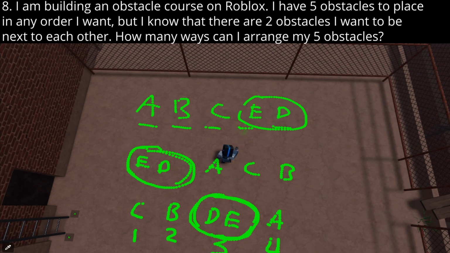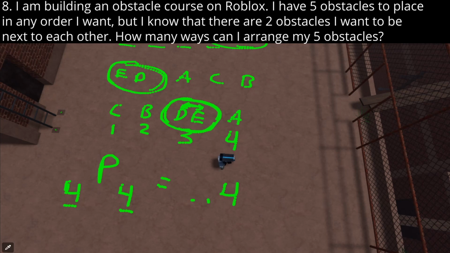In other words, for the 24 combinations we created, you can also flip those 2 obstacles around to create a new combination. So the adjustment is just multiply by 2. So 24 combinations for those 4 objects times 2, because we can flip the positions of those 2 objects, D and E. So our final answer is actually 48.